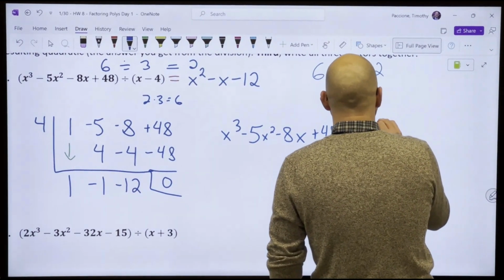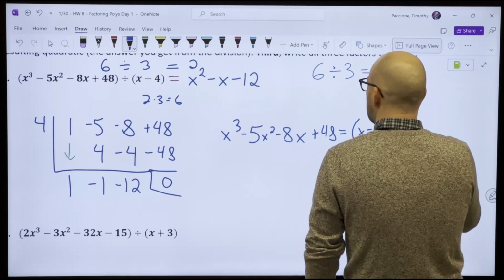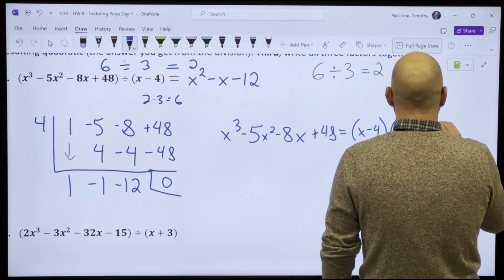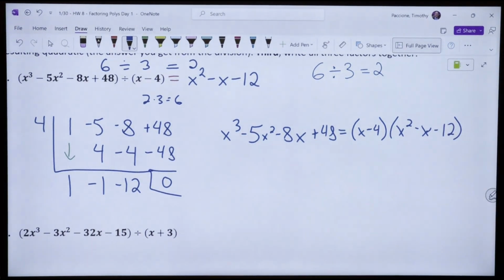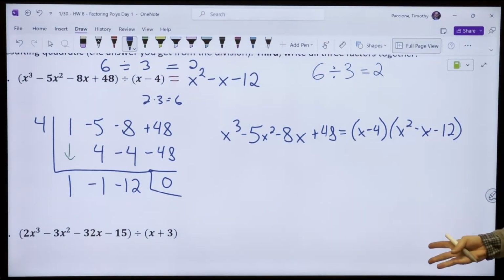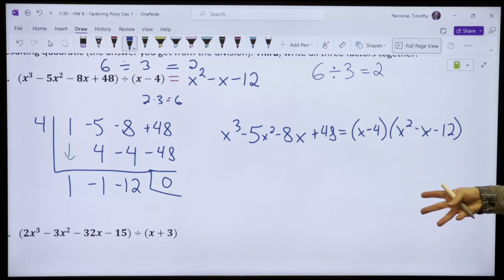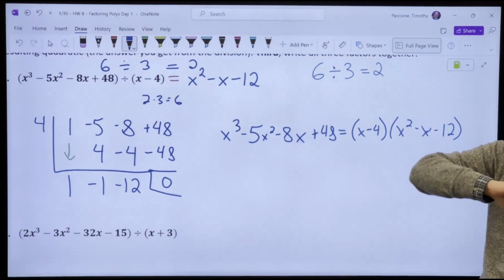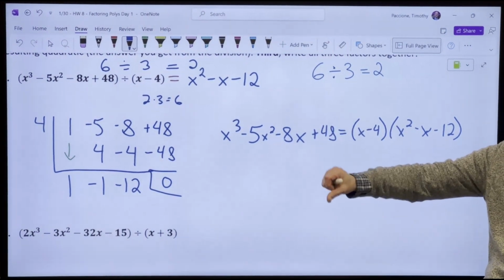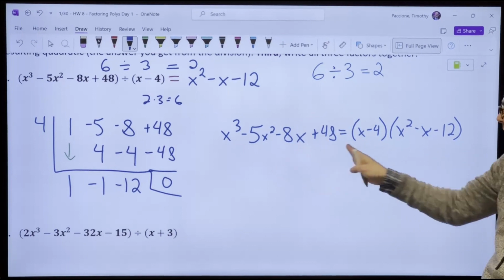X minus 4, x squared minus x minus 12. And that's factoring, right? So you might not have realized you were factoring when you did synthetic division, but anytime you divide, you find factors, right? So this is another way of doing factoring, right? Especially if you have no idea where to go, you can just start looking for roots. And if you find them, you've started to break it down.